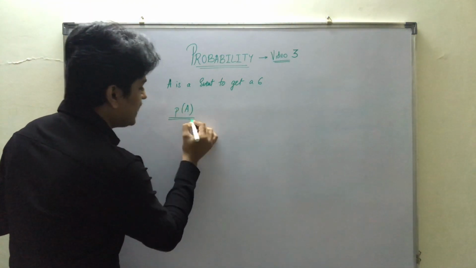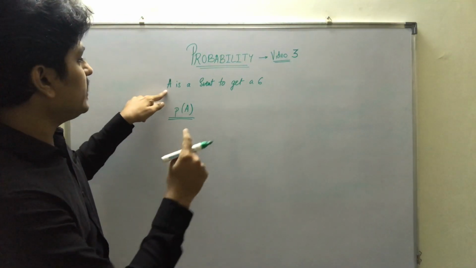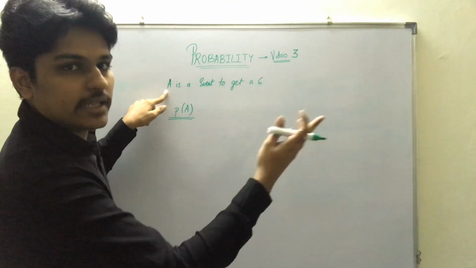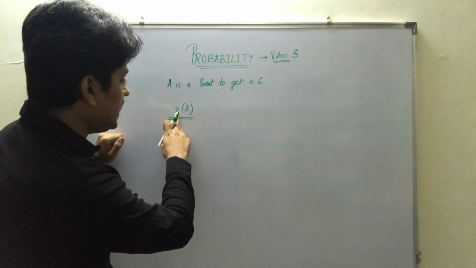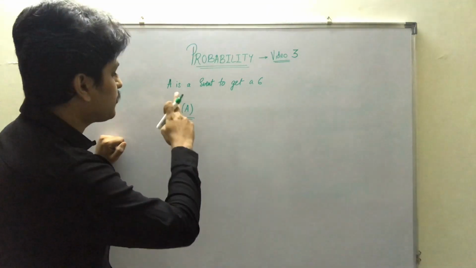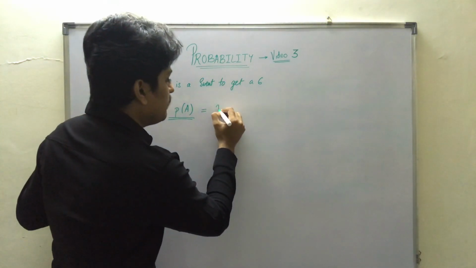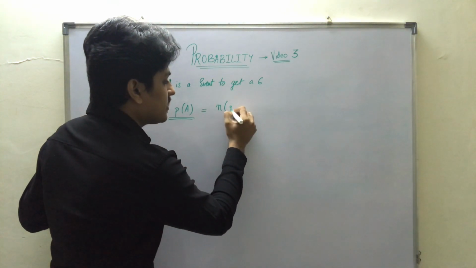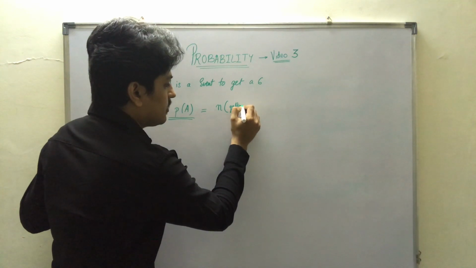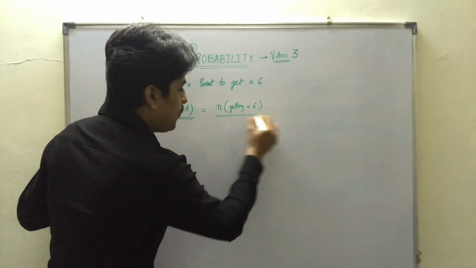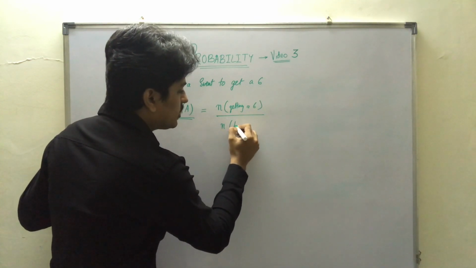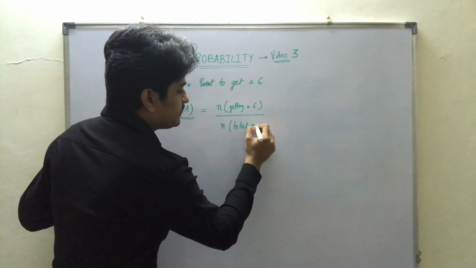Now you can see mathematically I'm not saying the probability of getting an A directly as A equal to something. I'm saying P of A, that means the probability of getting an A is equal to the number of possibilities of getting a 6 upon the number of total possibilities.